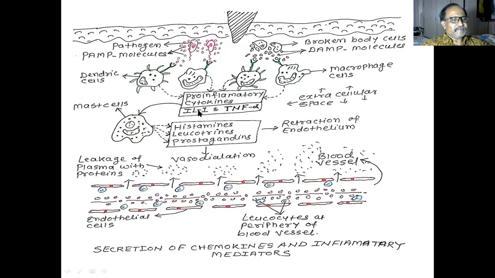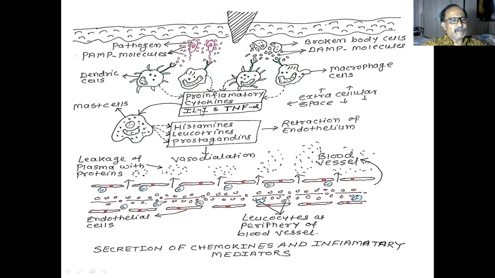Then these pro-inflammatory cytokines IL-1 and TNF alpha stimulate the mast cells. These mast cells are also present in the extracellular spaces. These mast cells are granular cells. The granules of certain secretions are present in the mast cell.